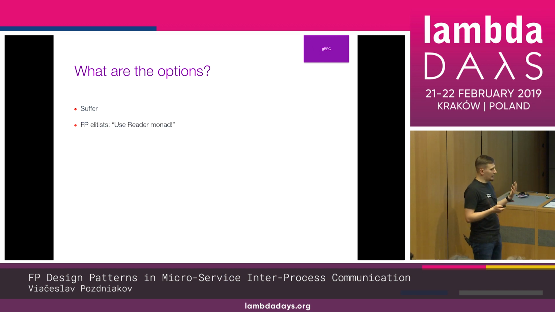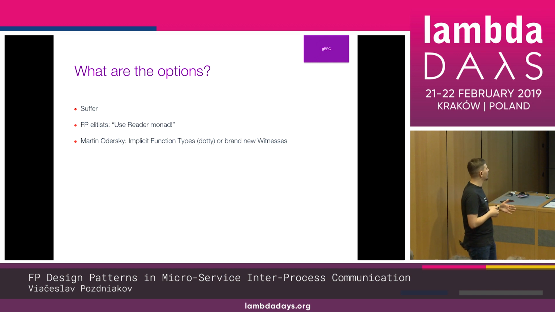So, if you ask any functional programming elitist, then probably you will get a reply that you should use a reader monad here because it's an obvious example for reader monad. I mean, you have some context and you are performing calculations in this context. This is really nice and dandy, but we cannot just tell people that, look, guys, now you have to use reader monads. So there must be something in the middle, and I really like where Scala is moving.